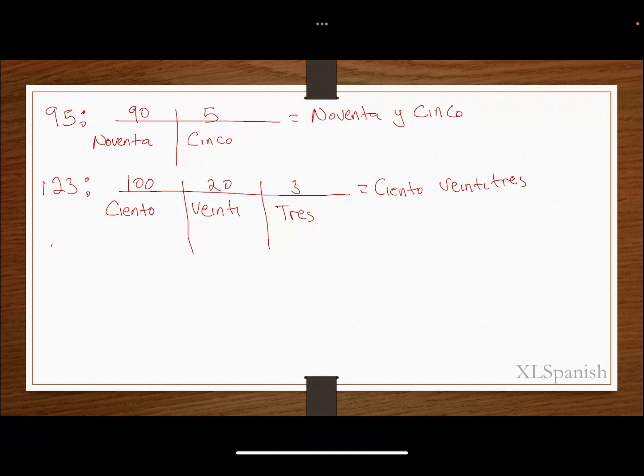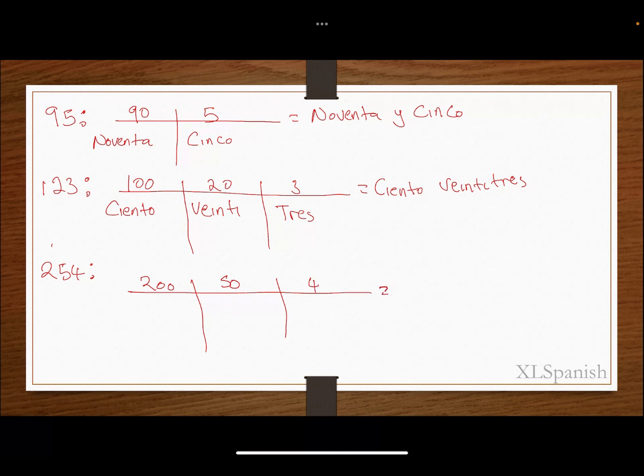All right, so let's try one more number. Let's say we wanted a number, say 254. How do you represent this? Okay. So you have your 200, you have your 50, and a 4.